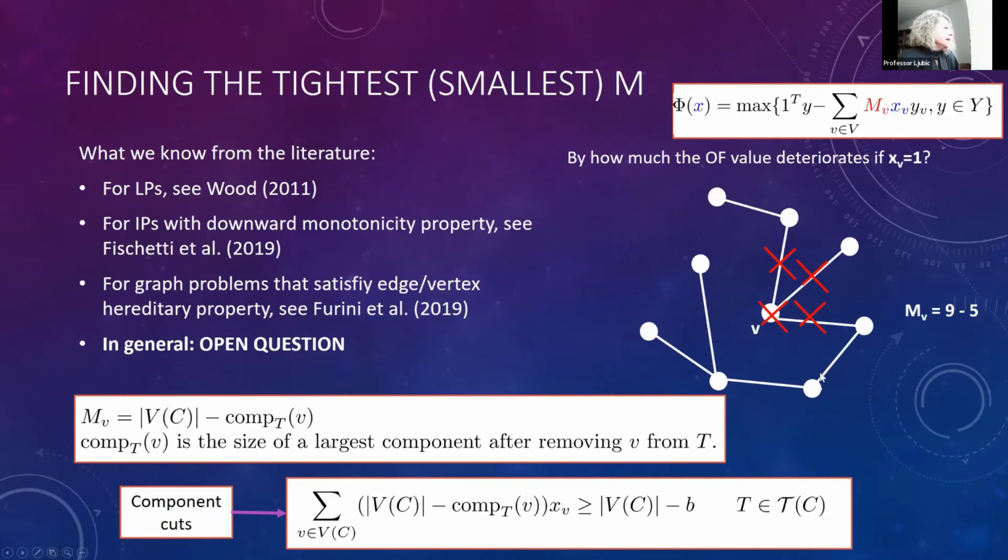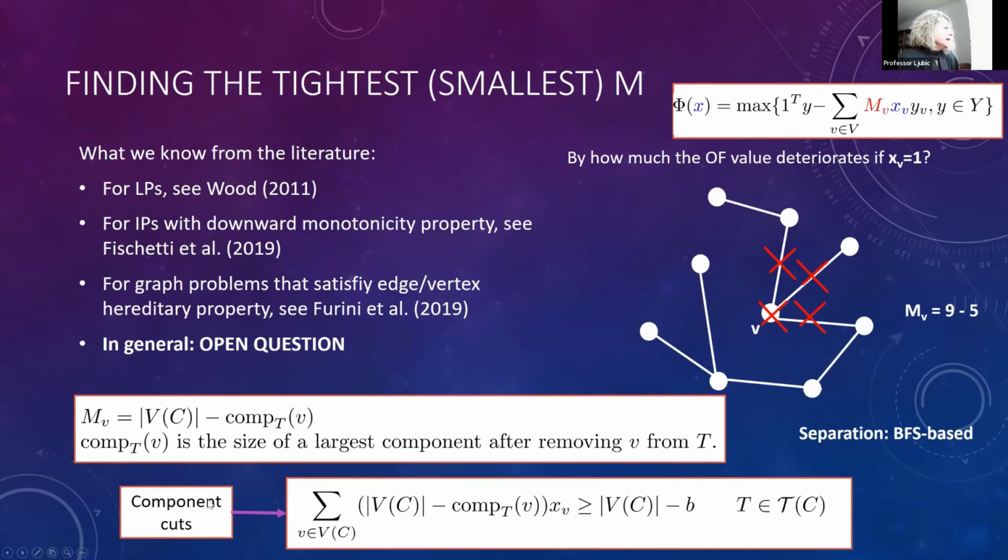In this spanning tree, we remove the vertex, we find the largest component, and these are now the coefficients of our cut. So clearly, the separation of these cuts can be done in polynomial time whenever the solution x is integer, and it's based on breadth first search. So that was the first way to derive cuts, and we call them component cuts, by interpreting the problem as a bilevel optimization problem.